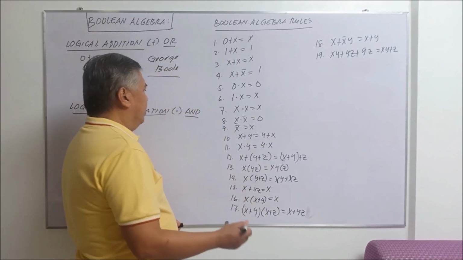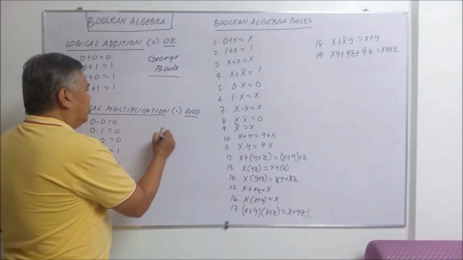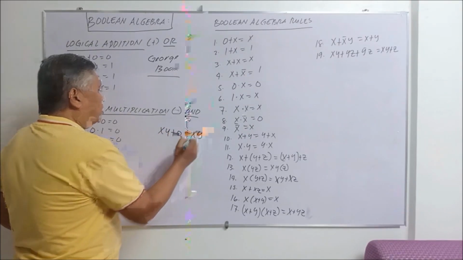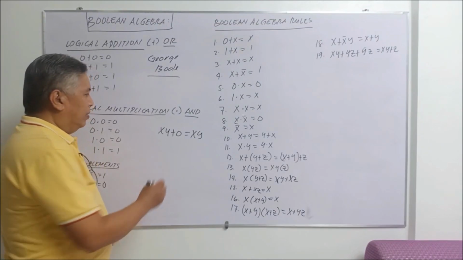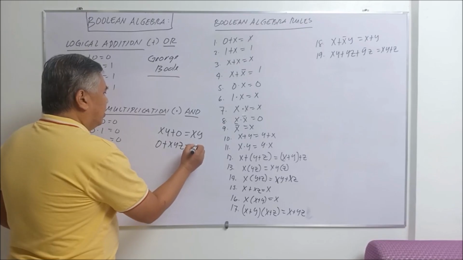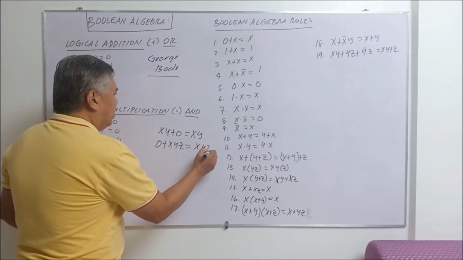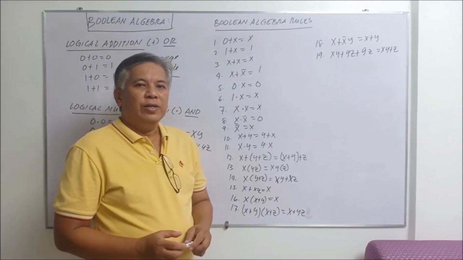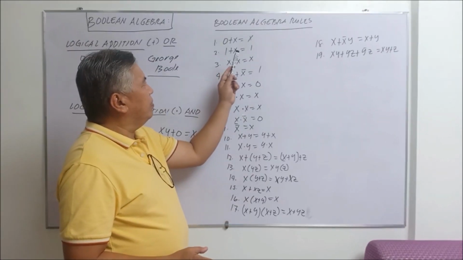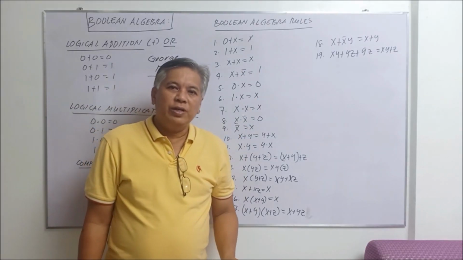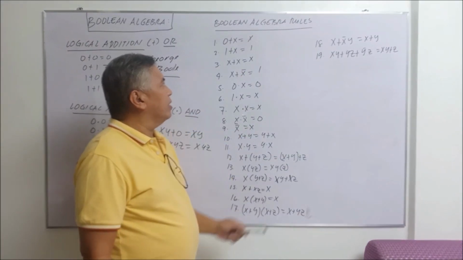For example, xy plus 0, the answer is xy, or 0 plus xyz is equal to xyz. That is rule number 1.